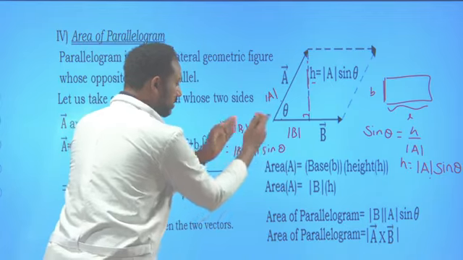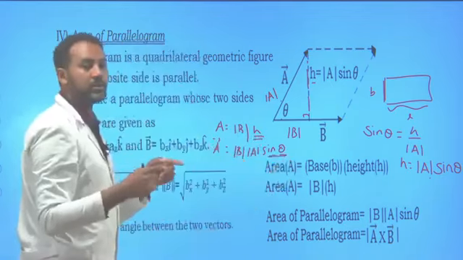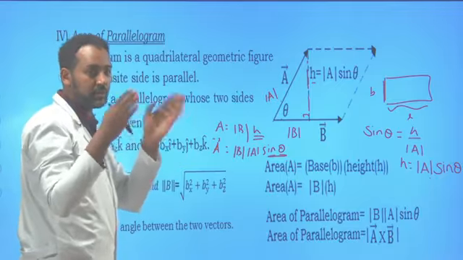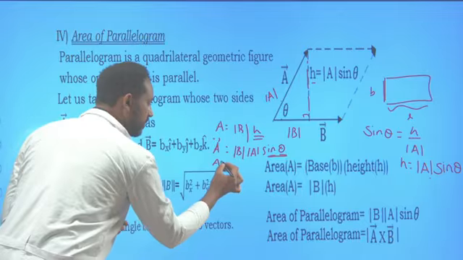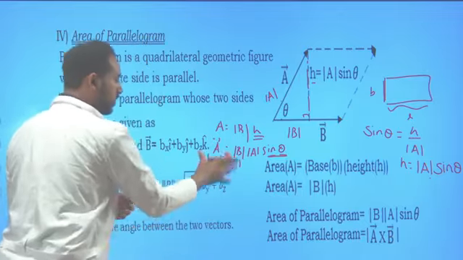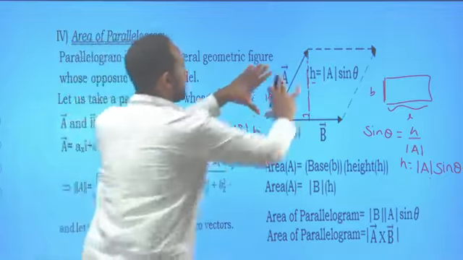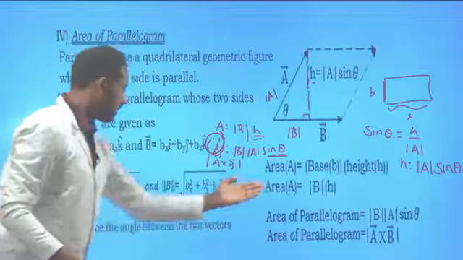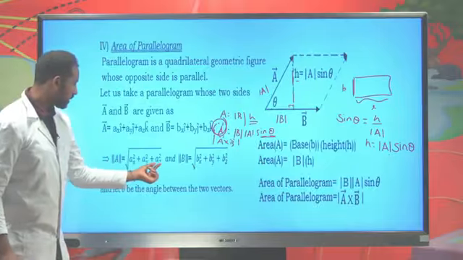The magnitude of A times the magnitude of B sine theta is the magnitude of the cross product of the two vectors, A and B. When you determine the magnitude of A cross B, you find the area of the parallelogram. This is what it says. Here, the magnitude of A can be determined from ax squared, ay squared, az squared.